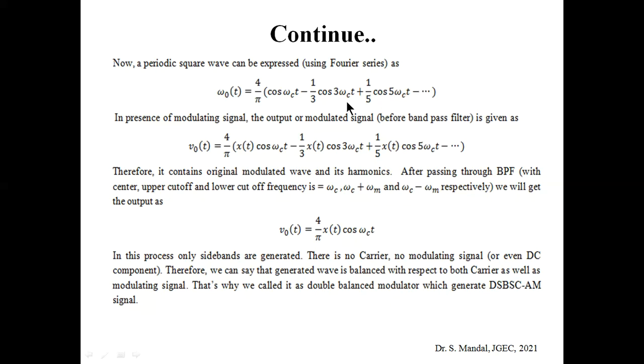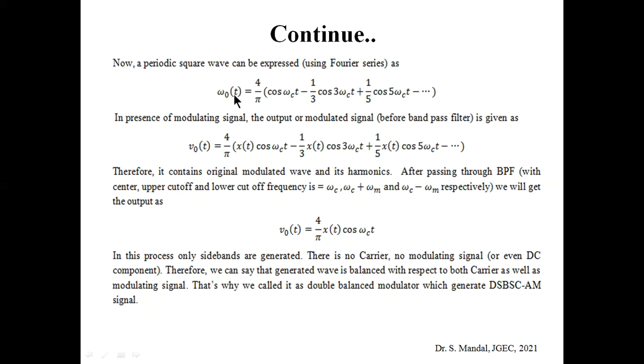You can see that 3 omega_c, 5 omega_c, 7 omega_c are the harmonics of the carrier signal. Obviously these are the unwanted part, and the only desirable frequency component of the periodic square wave is cos omega_c t.